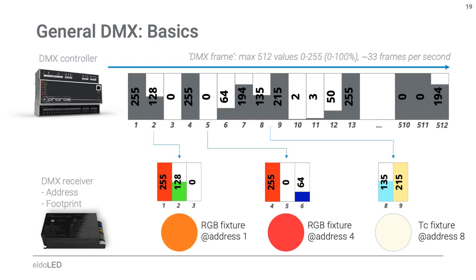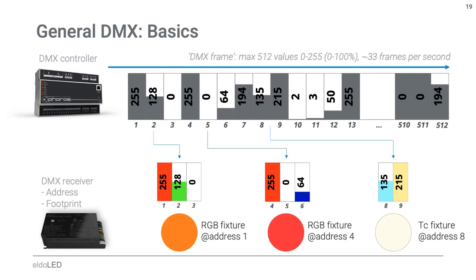So if I look at this example on the slide, this is a driver addressed at address number 1, looking at RGB, and because of that we know we use the first value, which is 100% for red, the second value, which in this case is 128 for green, so this will create an orange color. So this fixture is responding to those first 3 parts of the chain.